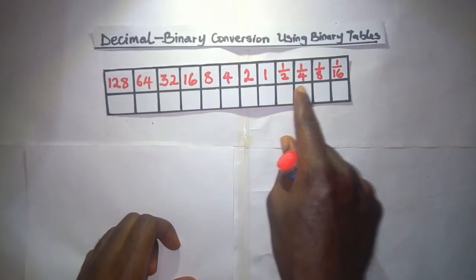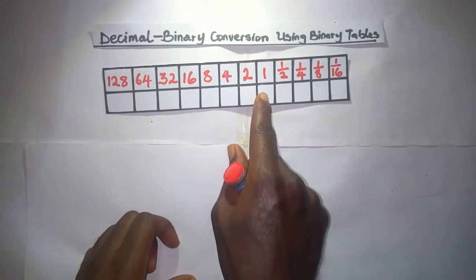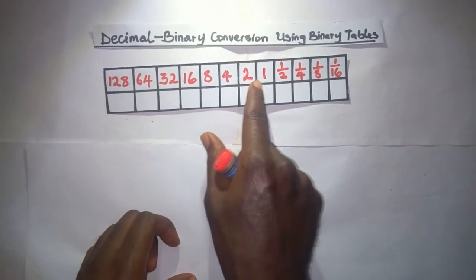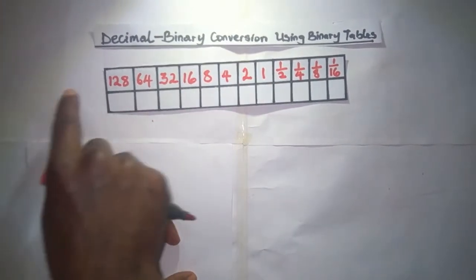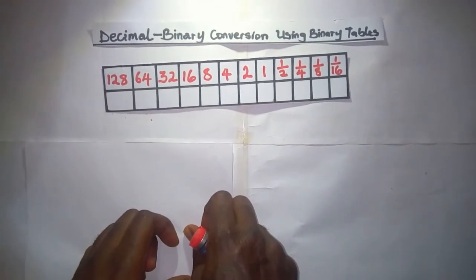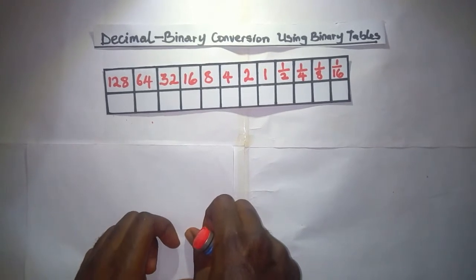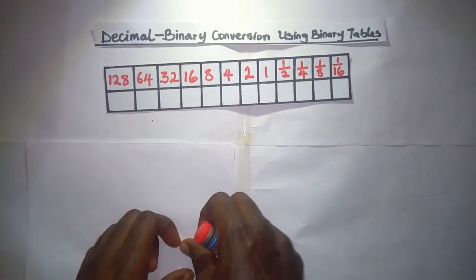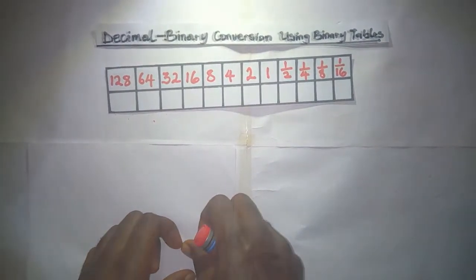So for the sake of this lesson, we are going to be considering from 1 up to this 128 and beyond. So we have a number of examples that will help us to convert numbers from base 10 to binary.